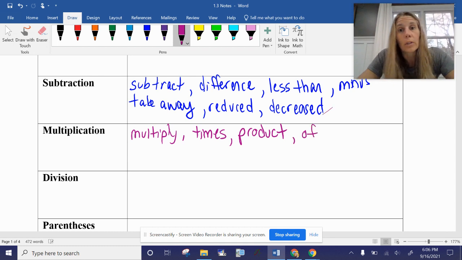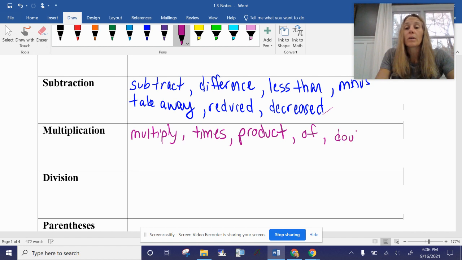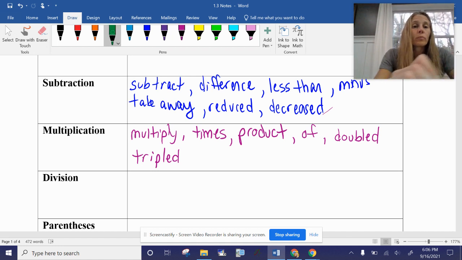So of is commonly used when we're referring to percents, because we might say like 30% of 100, and that of indicates that we would have to multiply those numbers. Anytime we talk about something being doubled or tripled, that would indicate multiplication. All right, so that's it for now.